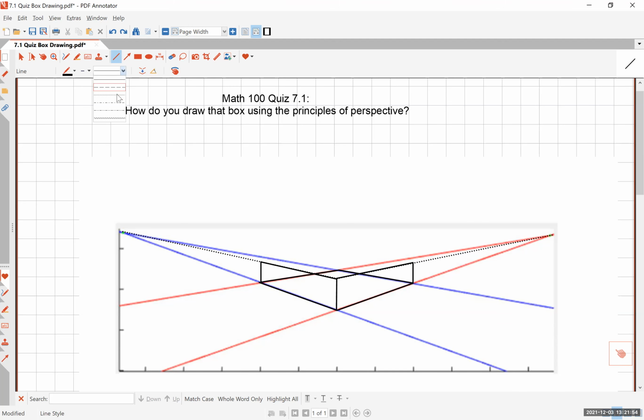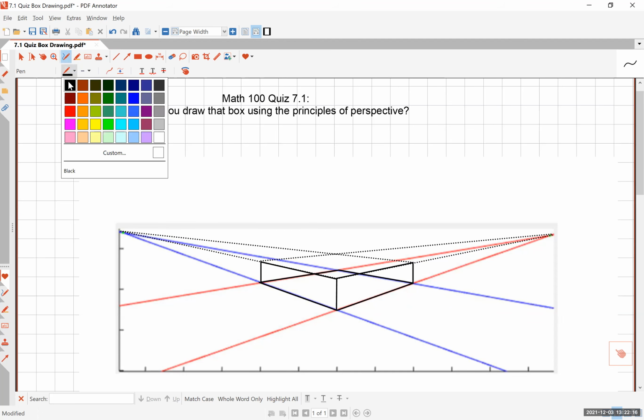I'm going to change to a dotted line again, because if I draw that edge on the back side, the top edge on the back side on the left-hand side, this line also has to merge at this vanishing point. And this also has to merge at the left vanishing point. Now you know how to draw those last edges.